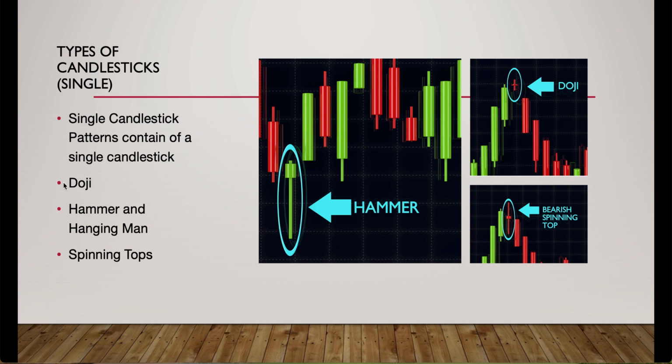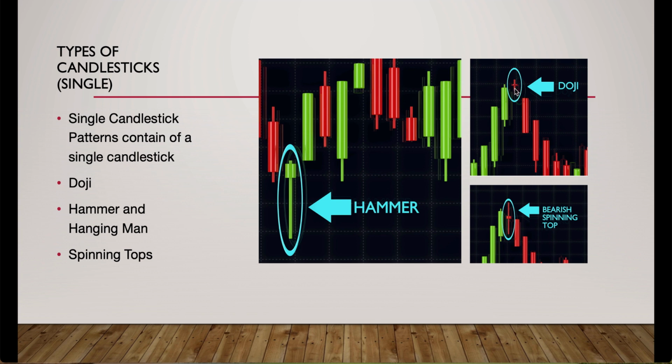The first one is called the doji candle. As you can see, I've set an example here. A doji candle is a candle that's really weak. It's showing that the market is indecisive. It's failed to close strong, and the opening and the closing are almost equal.